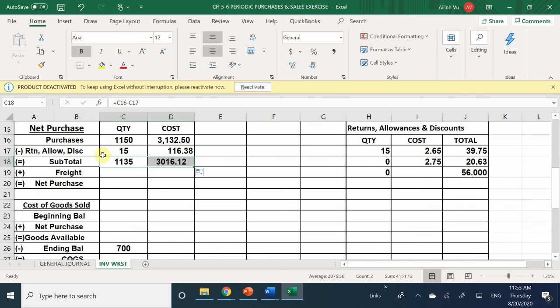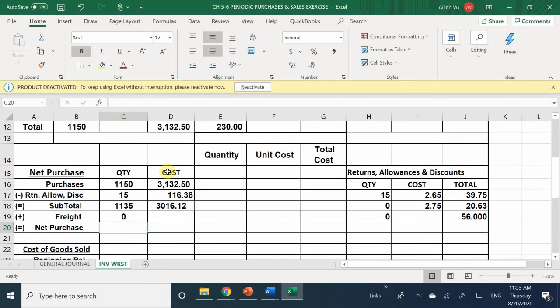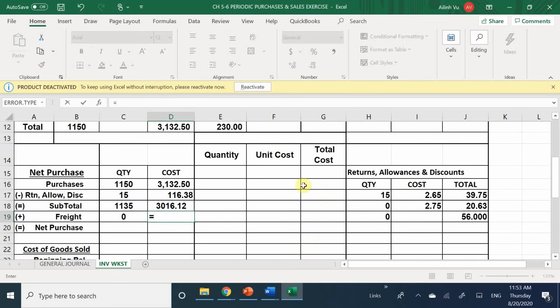Okay, and then we go ahead and subtract this total here, and we get how much? 3,016.12. And then we're going to go ahead and add our freight in. So freight has no effect on the quantity, but we have to add our 230.